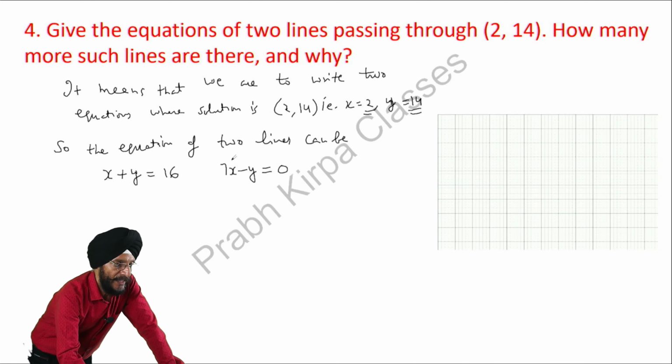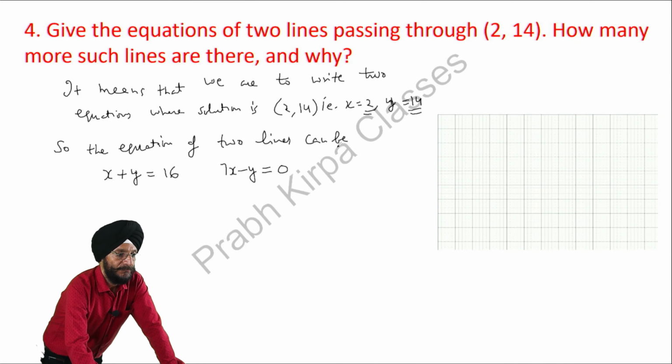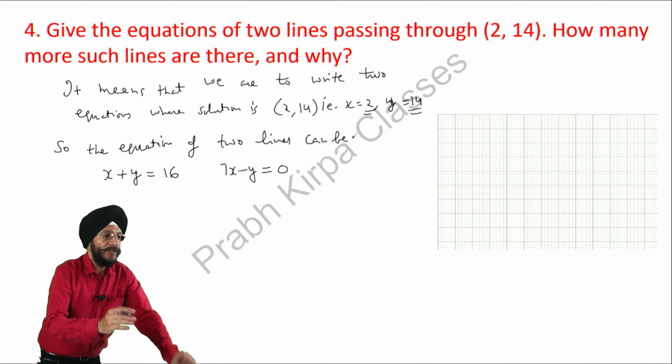That is, these two equations have the values of x and y as 2 and 14, and these two equations can be this and this, which pass through (2, 14) and satisfy the equation.